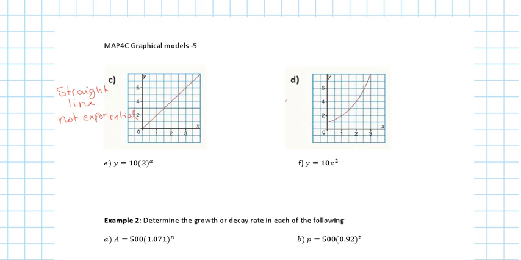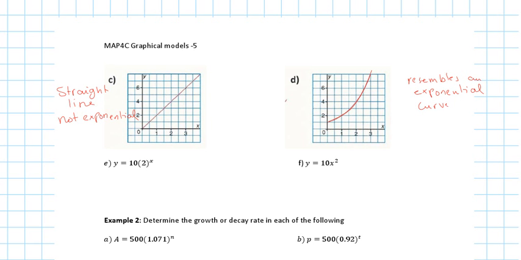You see kind of a slow growth at the beginning and then a fast growth after that. So we see a slow increase and then a fast increase. And that's what describes an exponential curve. So this resembles an exponential curve.